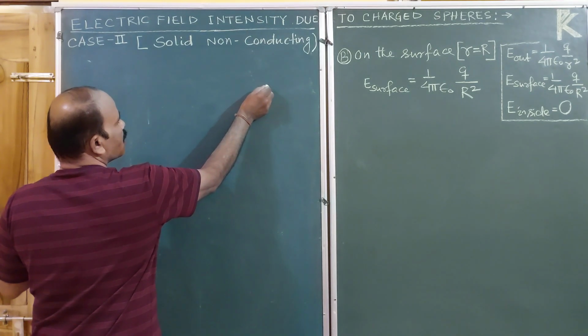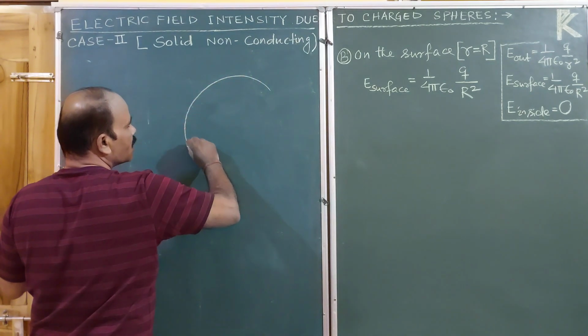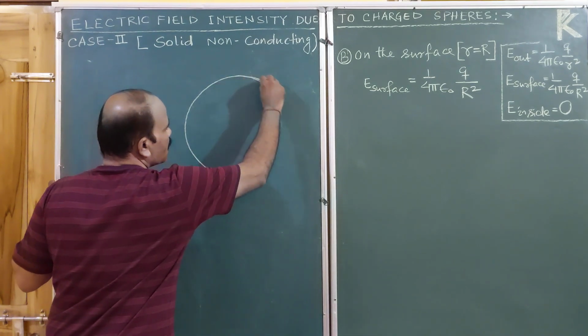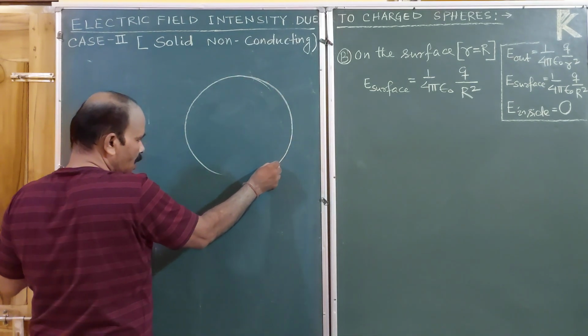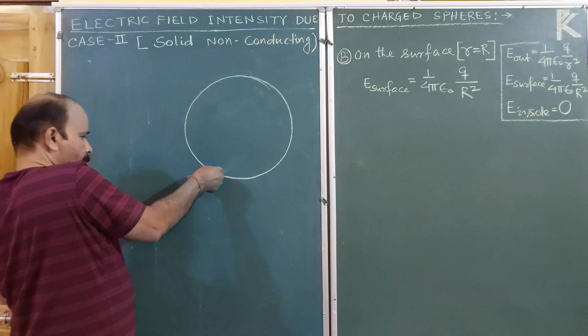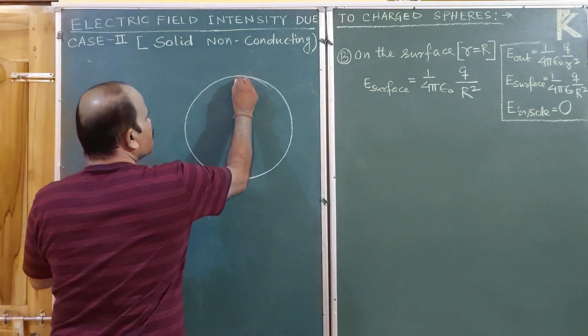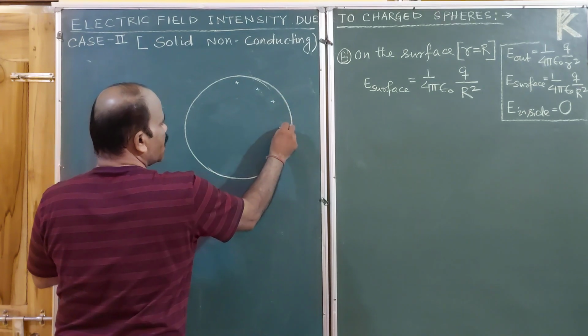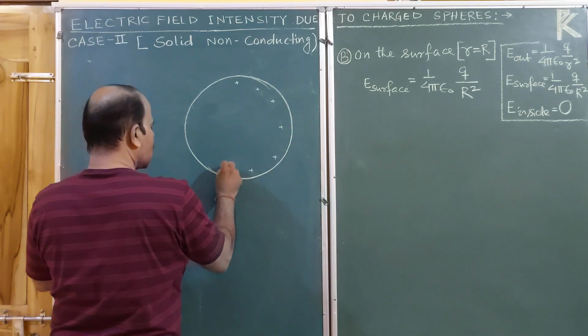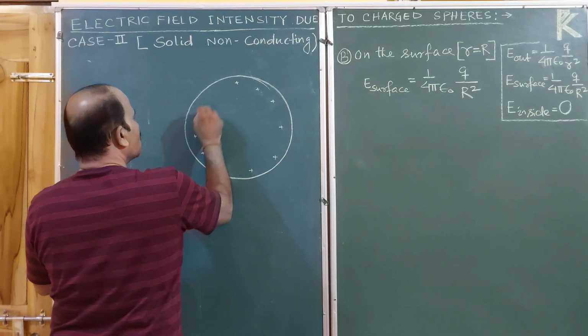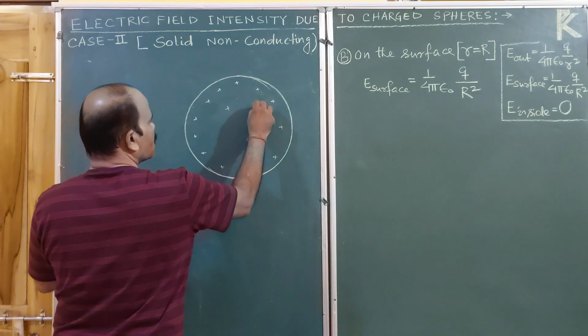So this is थोड़ा बड़ा करके दिखाते हैं. So this is the sphere. Okay. The total charge is uniformly distributed throughout the body.